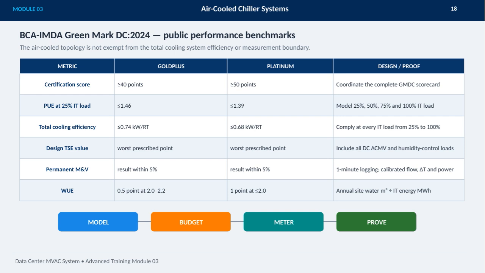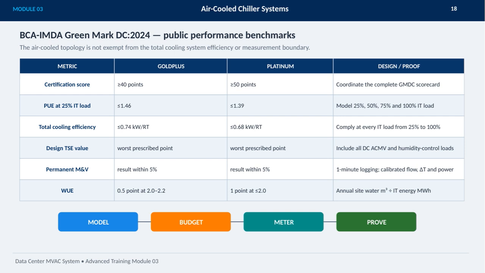Key metrics include power usage effectiveness, or PUE, which should be no higher than 1.46 for Gold Plus and 1.39 for Platinum at 25% IT load. Total cooling efficiency targets are set at 0.74 kilowatts per refrigeration ton for Gold Plus and 0.68 for Platinum, and these efficiencies must be maintained across IT loads from 25 to 100%.